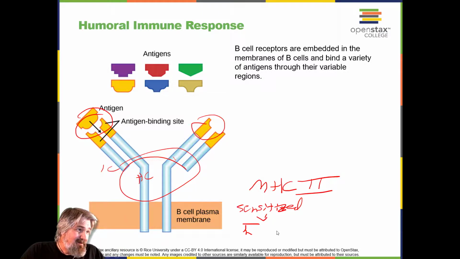So either secrete like crazy, and that is a plasma cell, or it will be a memory cell.